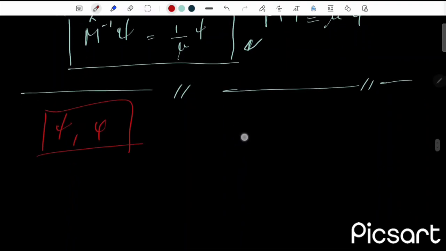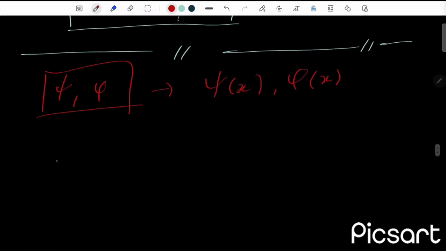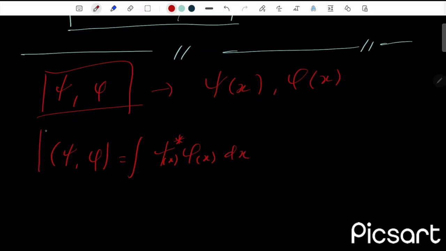Then, if we are only working in one dimension, for example in the x direction, the inner product of these two functions we write using the bracket, which is equal to the integral of psi complex conjugated times phi, which is in the x direction, times dx.